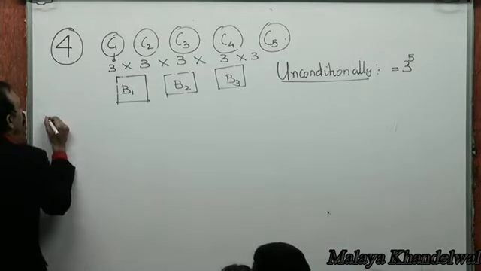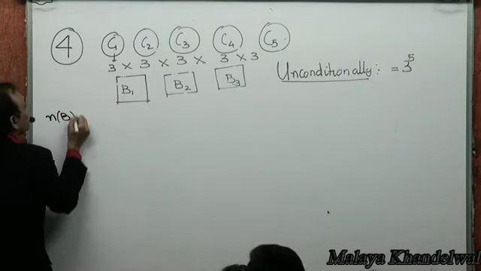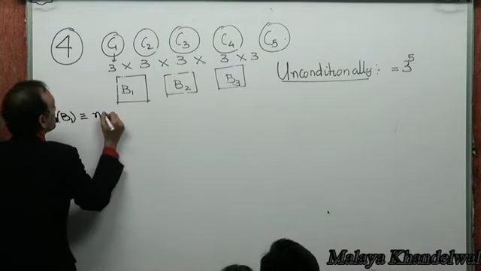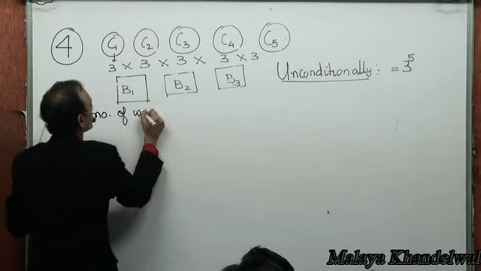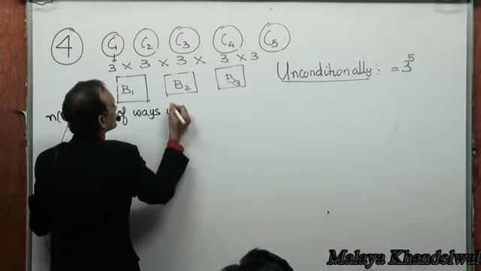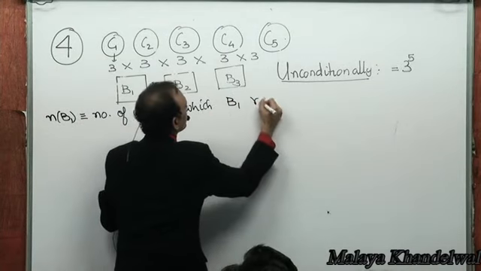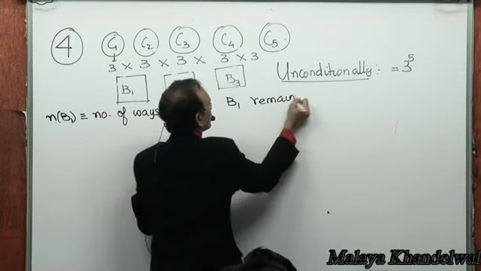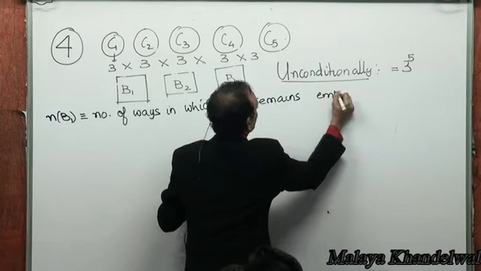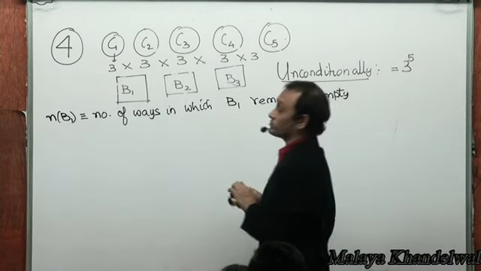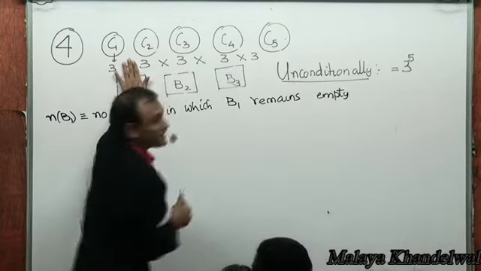Now, N(B1) say is the number of ways in which box B1 remains empty. That means B1 is excluded.